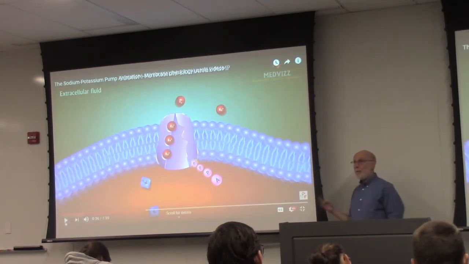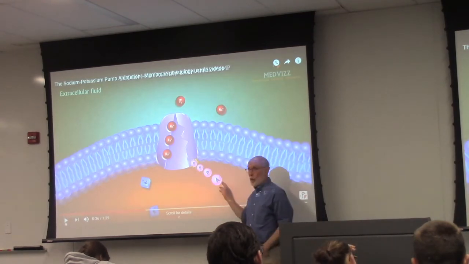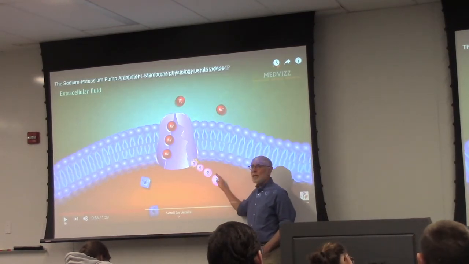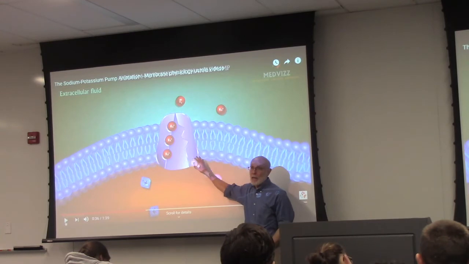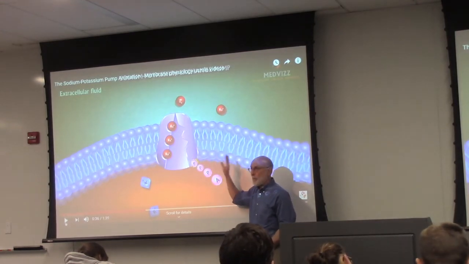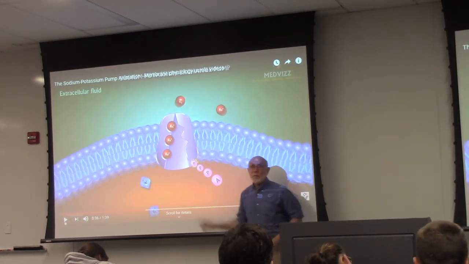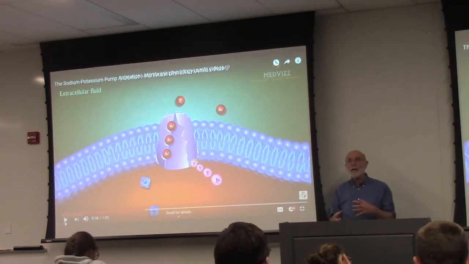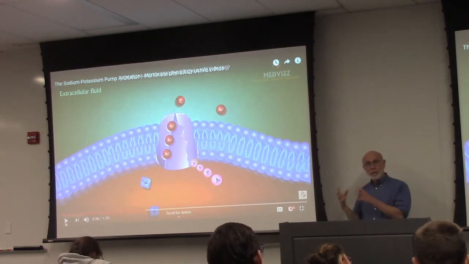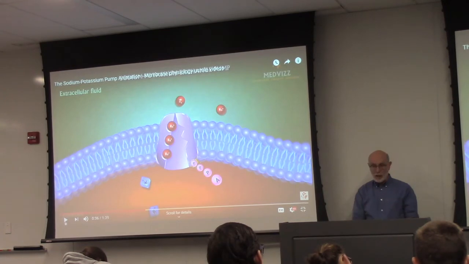That ATP binding site is in fact phosphorylated. So ATP is hydrolyzed by the protein, not by a kinase that's working with this protein, but by this protein, and it becomes phosphorylated. So ATP binds and a phosphate is transferred from ATP to the protein. That's phosphorylation.